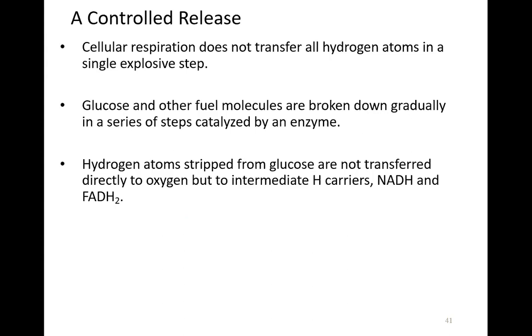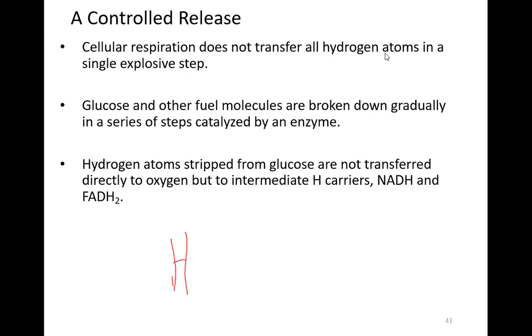Now, the process of cellular respiration is to break down glucose in a controlled series of chemical reactions. And what we're doing here is, when we release electrons, we're actually going to release hydrogens with them.